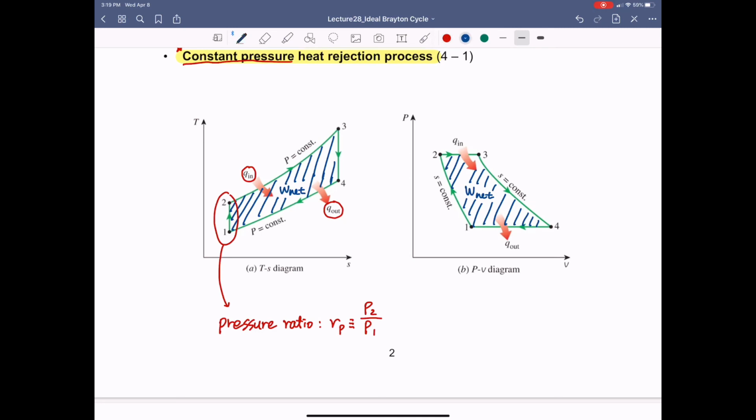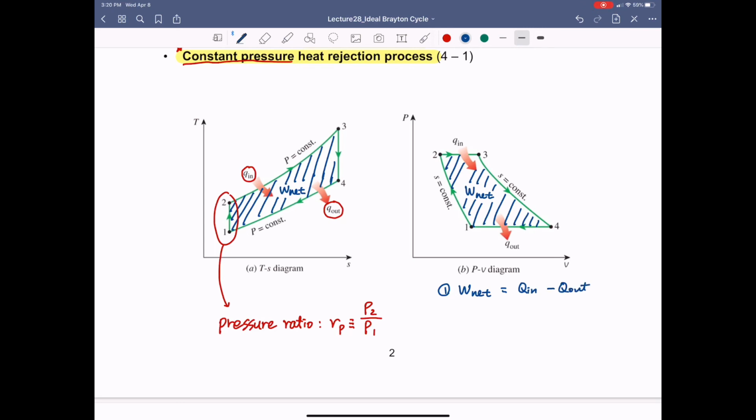Now, again, when you think about the thermodynamic analysis of a thermodynamic cycle, we always have to think about two factors. One is the net amount of work, and the second one is the thermal efficiency. Even for the Brayton cycle, the net amount of work should be calculated by comparing heat input and heat output.